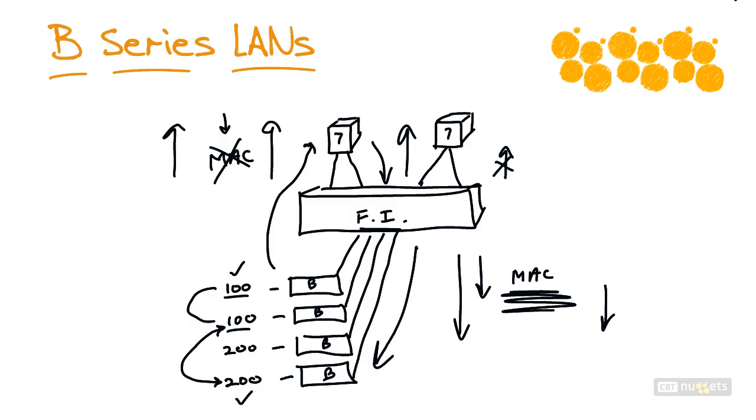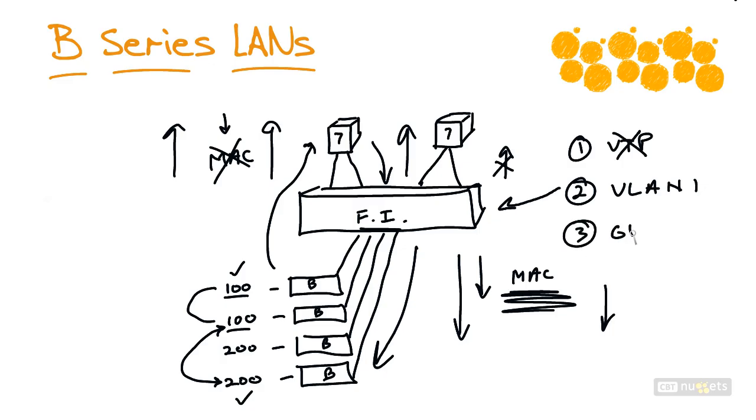Now, speaking of VLANs, let's review some basics. First of all, we know VTP is not supported. So this means we're going to have to jump into the UCS Manager and create our VLANs. There is indeed a default VLAN 1 in place that we cannot delete. So very important. We create our VLANs either globally or so that they are fabric interconnect specific.